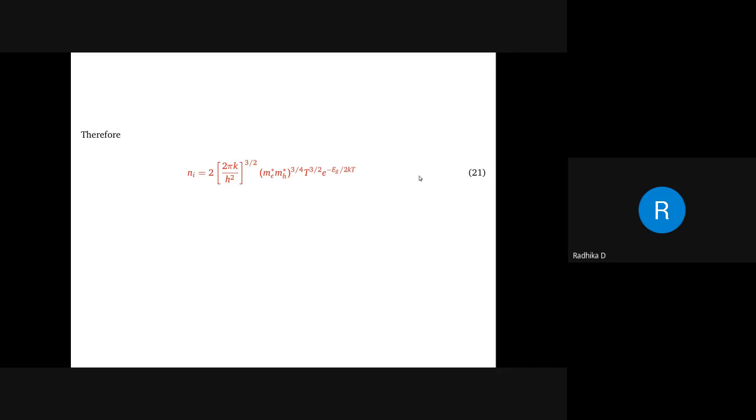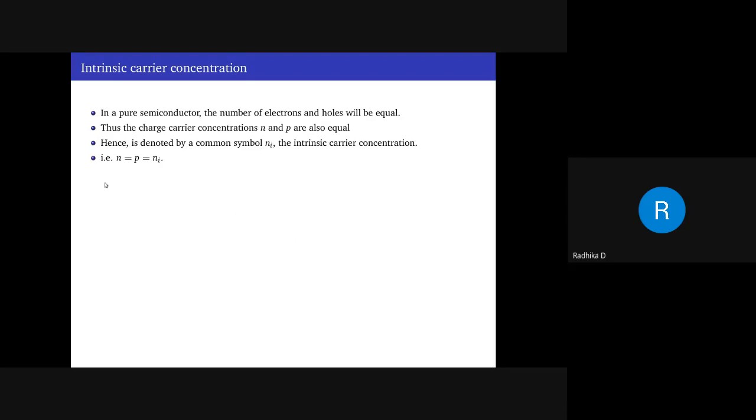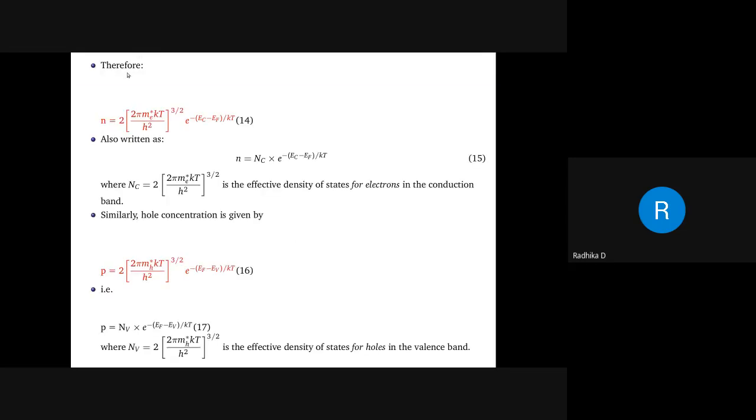Now what did we understand from this? Let me just repeat once again whatever we talked. In the previous class, you got the expression for n, that is your electron concentration. Next, you got the expression for holes, that's the hole concentration. You have rewritten it as Nc into exponential minus (Ec minus Ef) by kT, and Nv into exponential minus (Ef minus Ev) by kT.